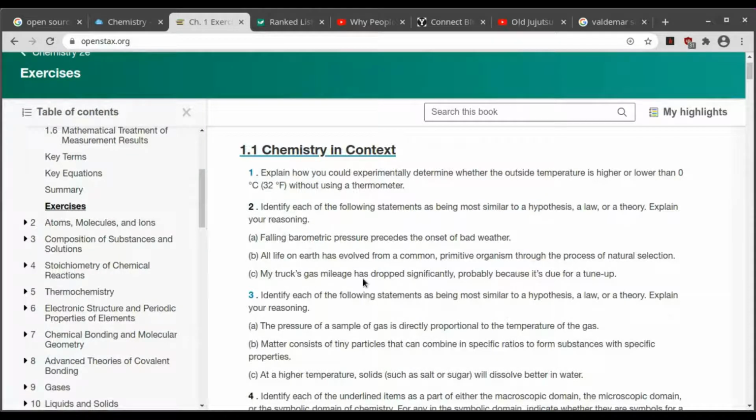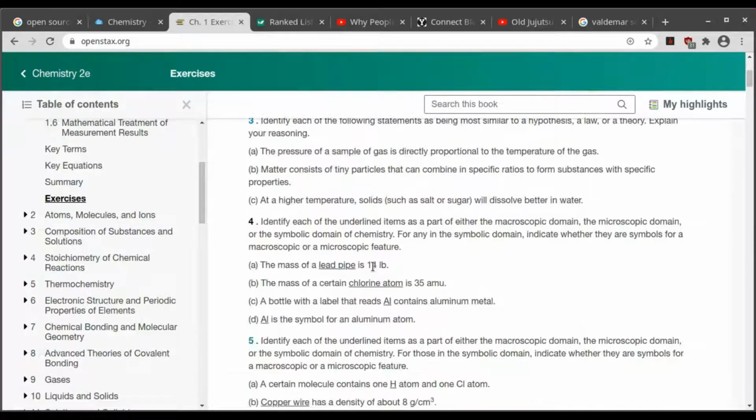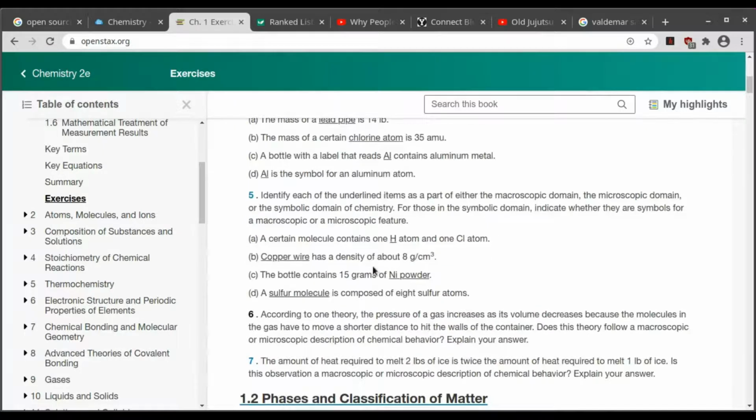A certain molecule contains one H atom and one Cl atom. So we're only dealing with the symbols here, right? They didn't talk anything about the weight or the volume or anything. So that would be symbolic.